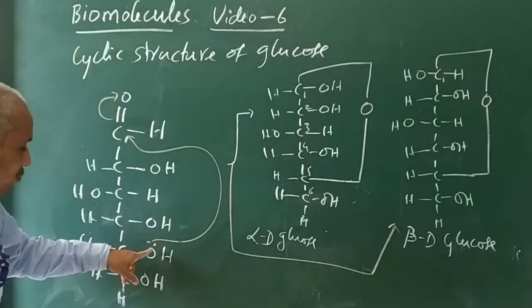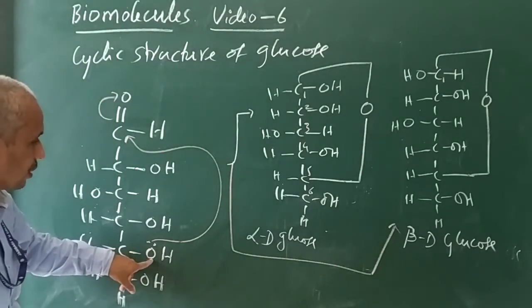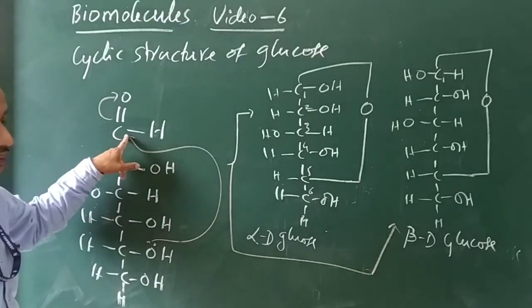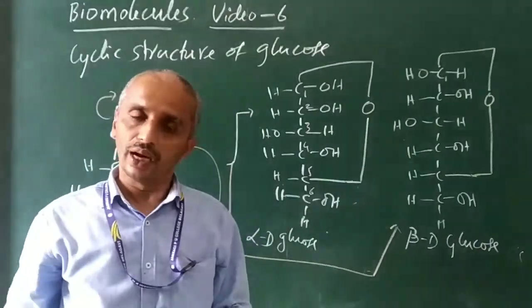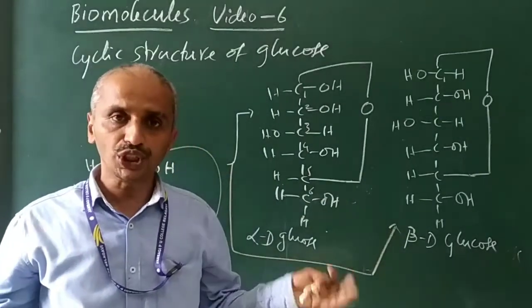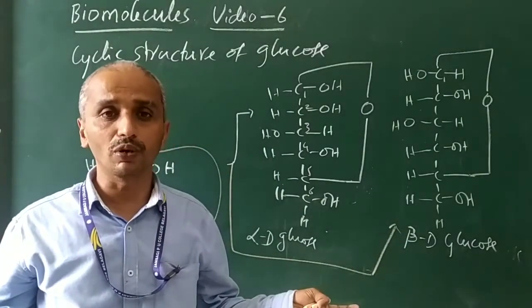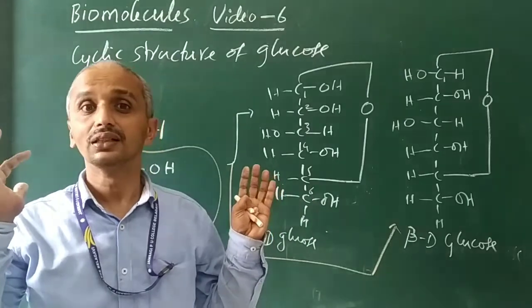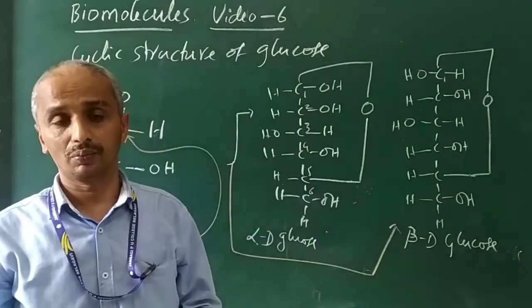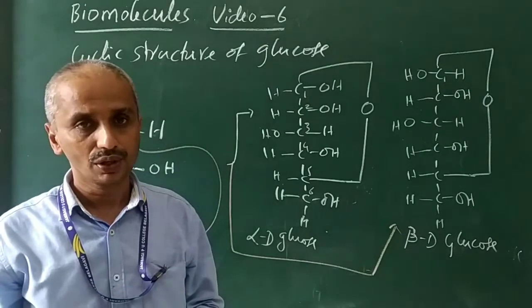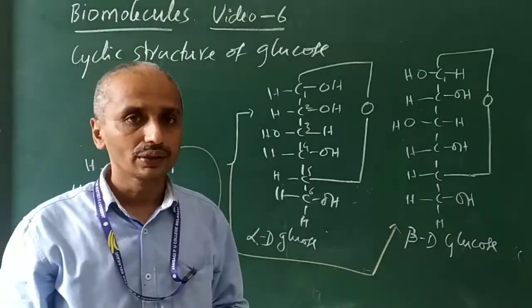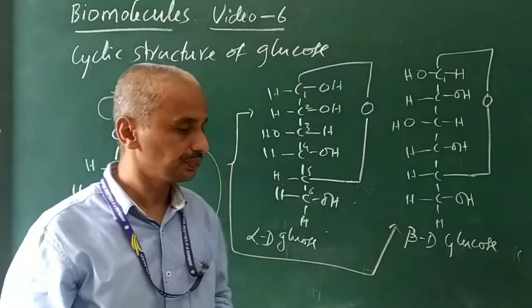How is it formed? By the attack of electrons from the oxygen of the fifth carbon on the first carbonyl carbon. I said that also. 6-member rings are more stable because of less strain on the ring. The bond angle will be 120 degrees. So a 6-member ring will be formed.